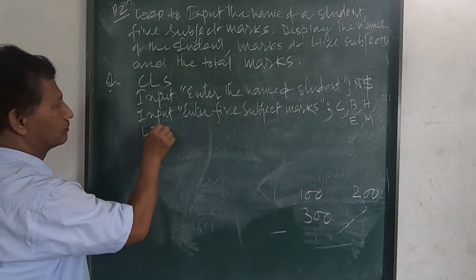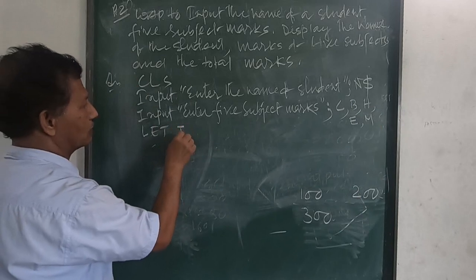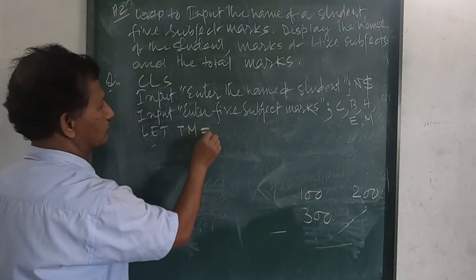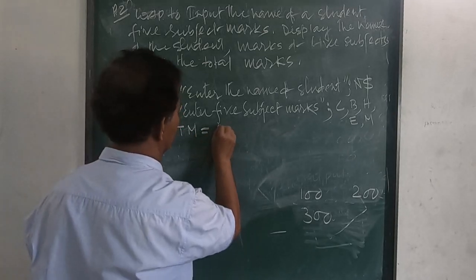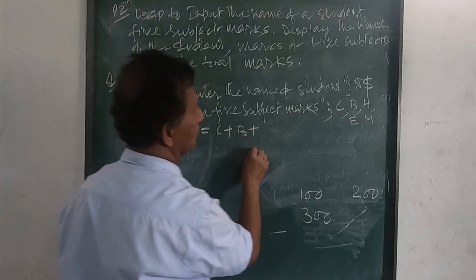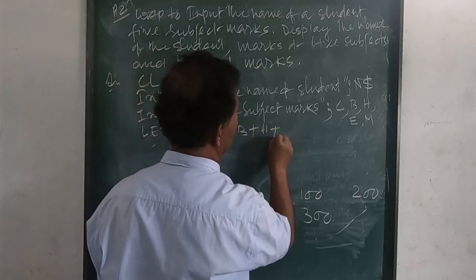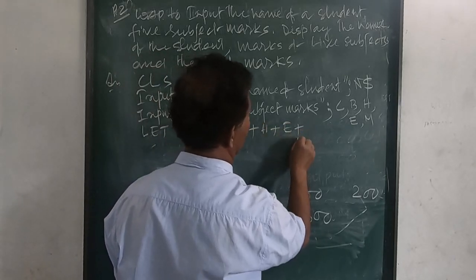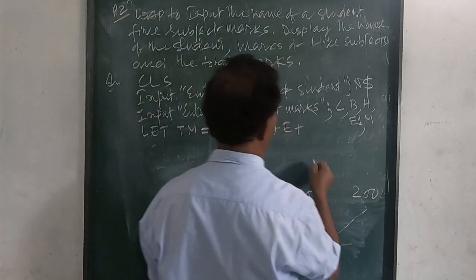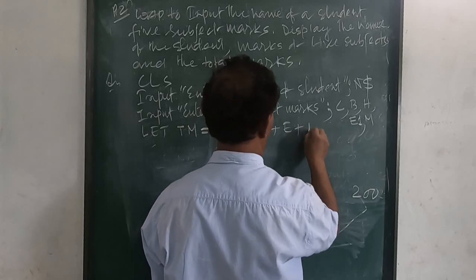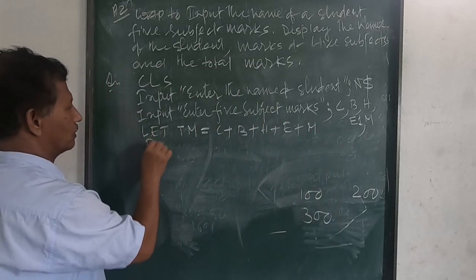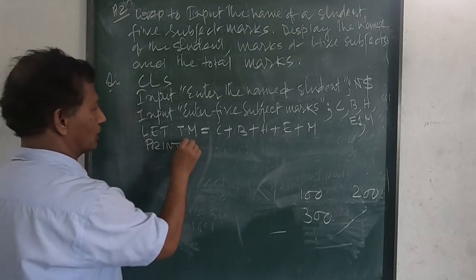Let total TN equals C plus B plus H plus E plus M. Print the name of the student.